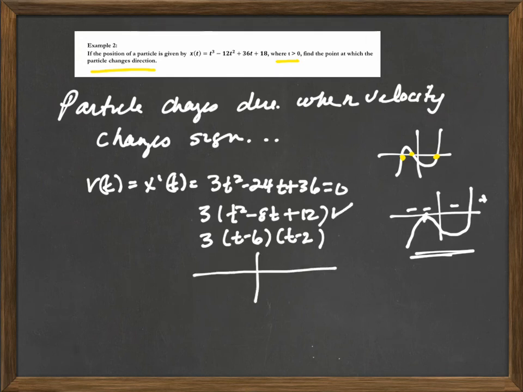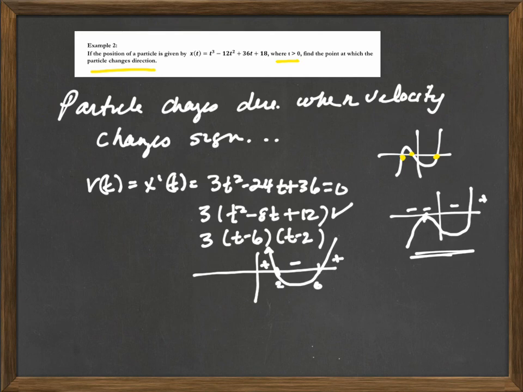So let's do a sign chart for this right here. That would be at 2 and 6. So it would come up like this. They want it for t greater than 0, so it's positive between 0 and 2, negative between 2 and 6, and then positive from 6 on.